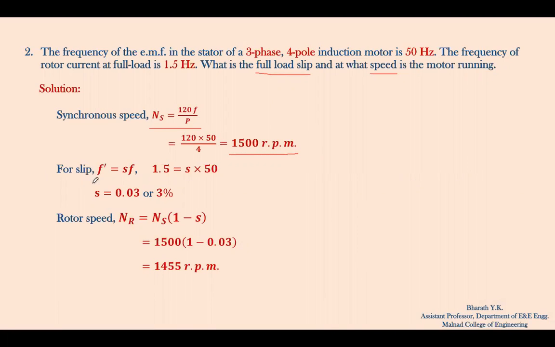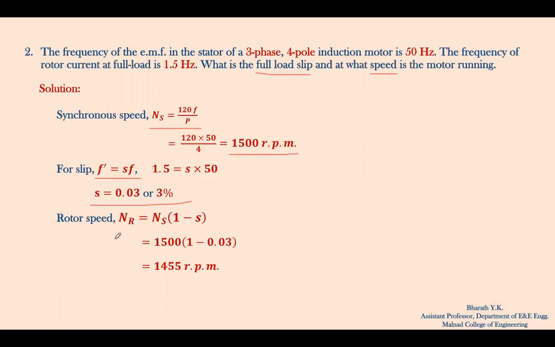To calculate slip, let us consider this equation, where the frequency of rotor current is equal to slip times the supply frequency. The frequency of rotor current is 1.5 Hz and the supply frequency is 50 Hz. Therefore, the slip is equal to 0.03, or 3%.